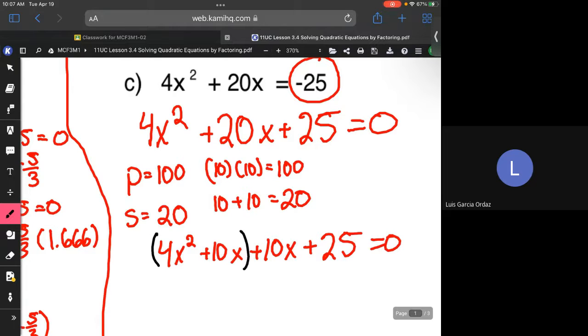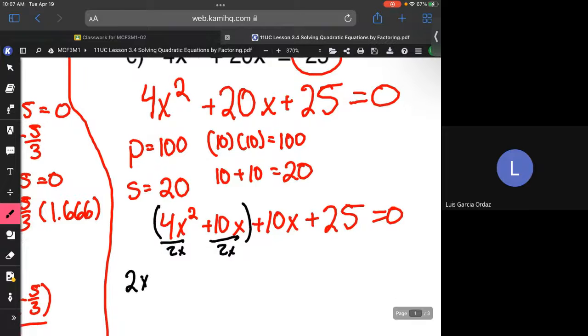What is the biggest common factor between those two? 2x, which means I'm dividing everything in there by 2x. Now, can someone tell me what's left over in my bracket? So 2x plus 1? Plus 1 or plus 5? Plus 5.